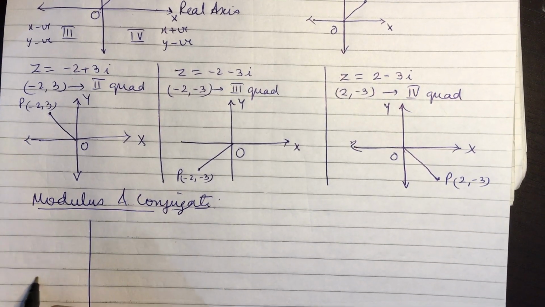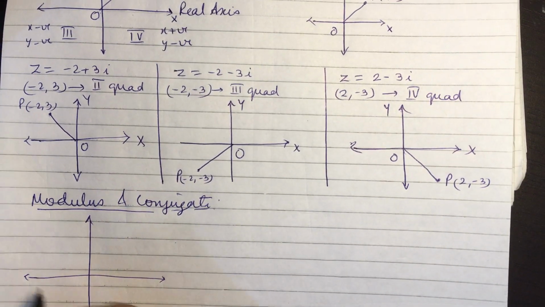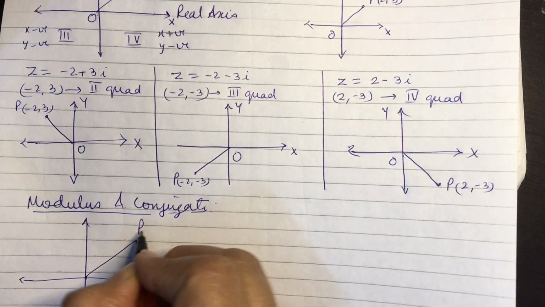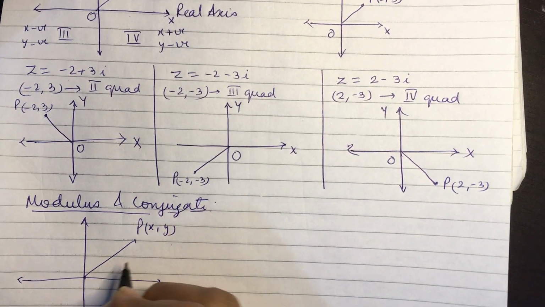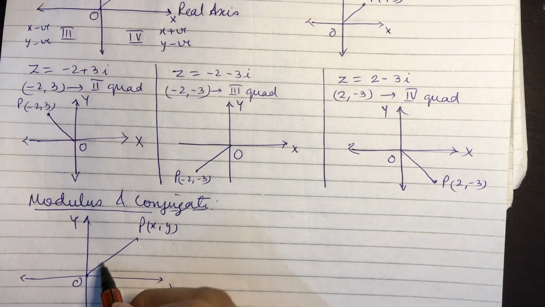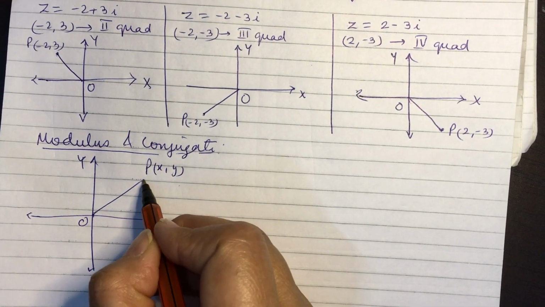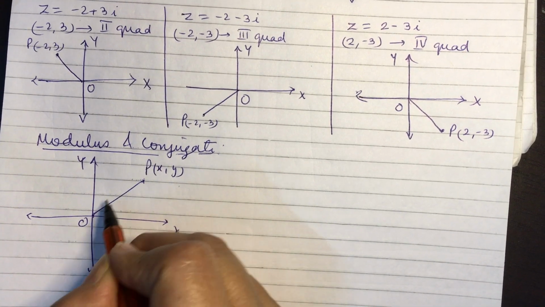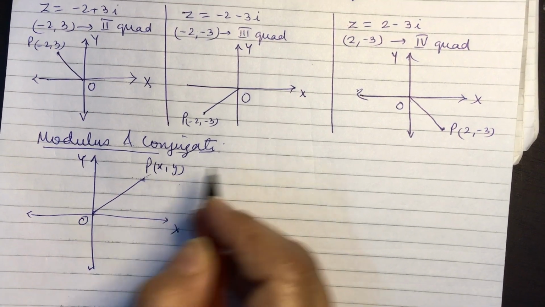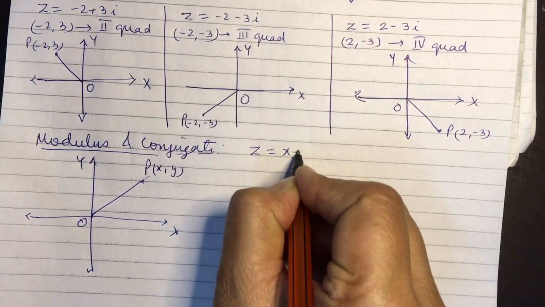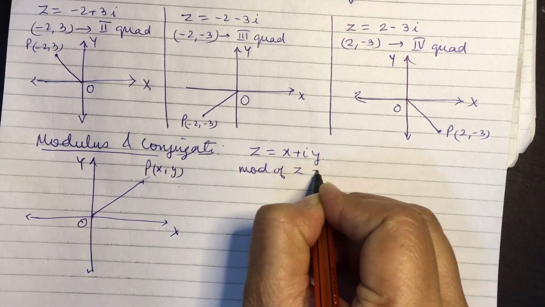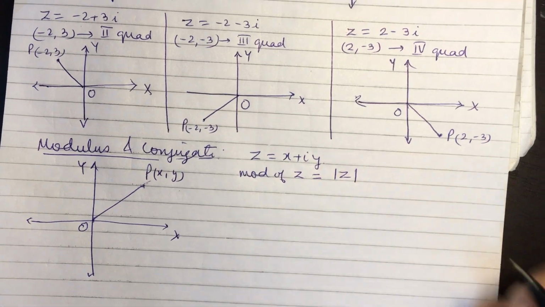Suppose we are taking it in the first quadrant only. So, x comma y, and this is origin, this is x, this is y. Now, by modulus we mean the length of the line joining the point to the origin, and this is called the modulus of the complex number x plus iy, and the modulus of z is denoted by mod z.